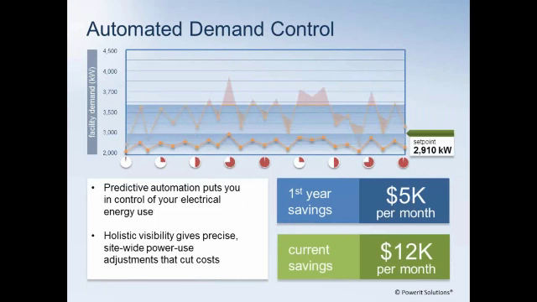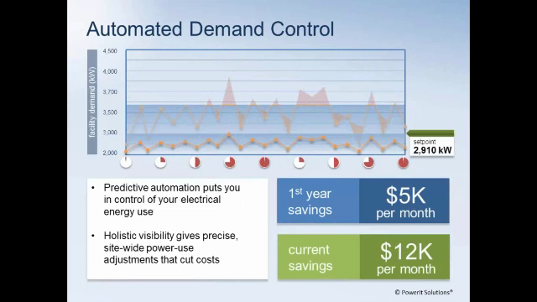Going into a more aggressive time period, this right here would be automated demand control. You can see changing over the course of the day the power levels and moving it down further to try to maintain a 2900 kW set point.